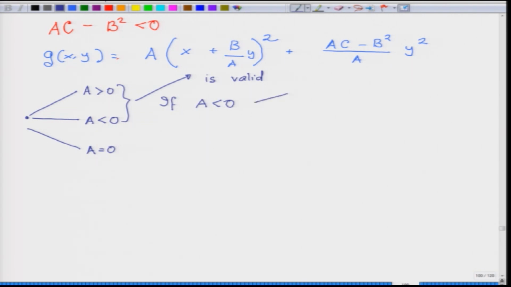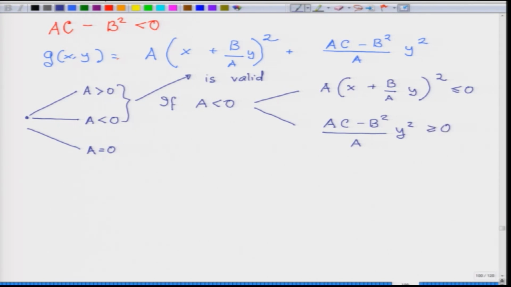So, if A is negative, then two things will happen. One is that A into x plus B by A y whole square is negative, and simultaneously AC minus B square by A y square is non-negative.